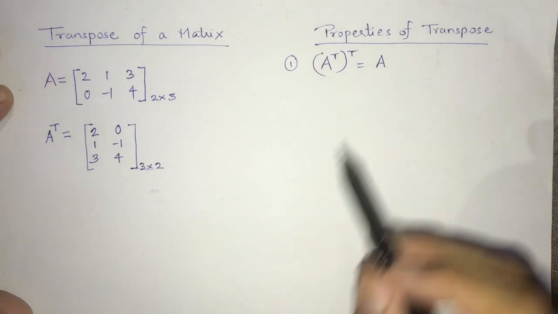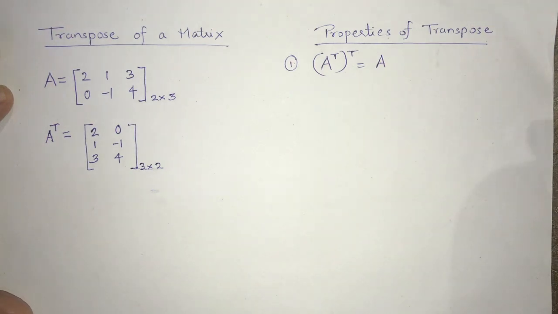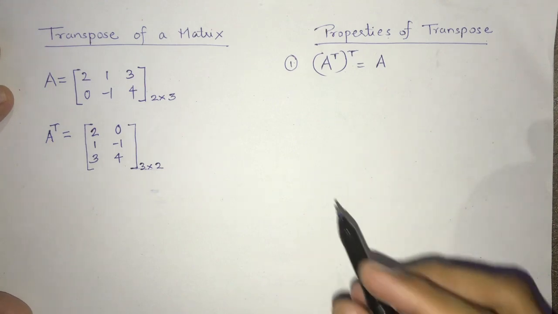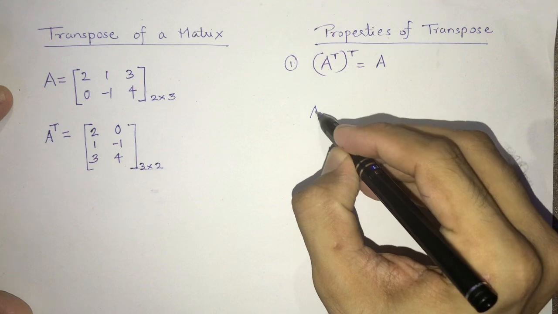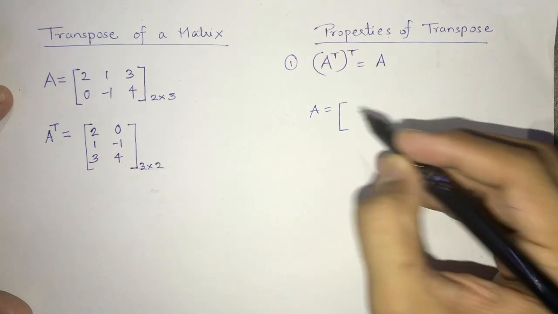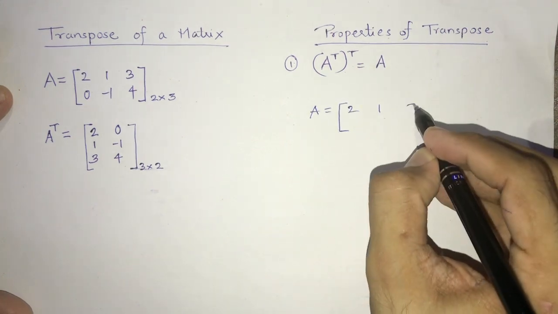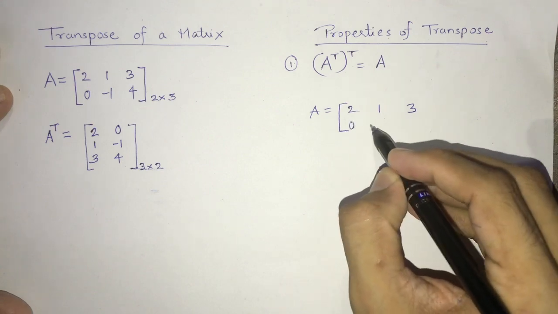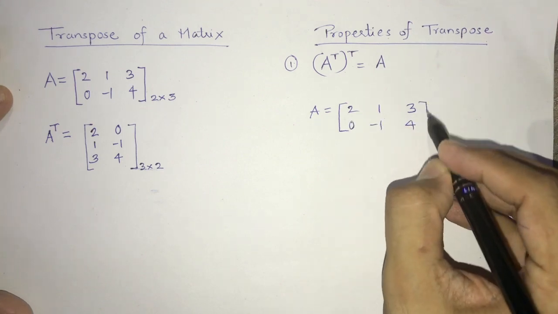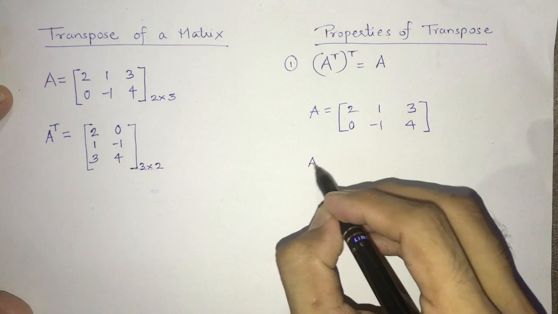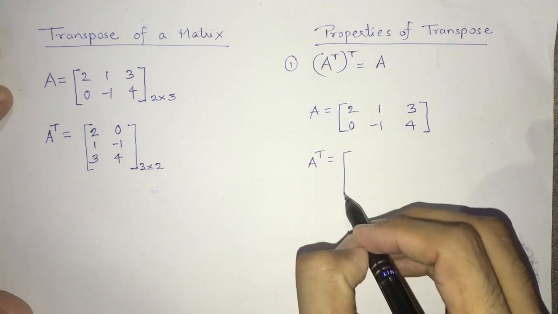A transpose transpose is A. So when you take transpose twice, you get the same matrix back. I have already written an example over here. We'll continue with that. I have 2 1 3 0 minus 1 4 as A. Then I take A transpose.